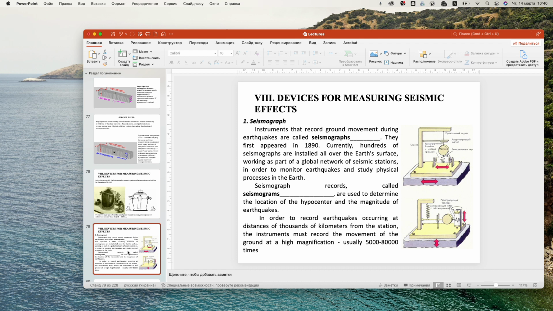When the earthquake takes place, for example, this can be used for vertical movement. It's really old and it doesn't work correctly, but when an earthquake starts, this sheet of paper starts to move.